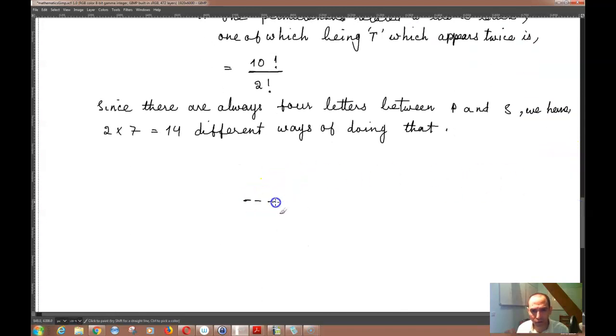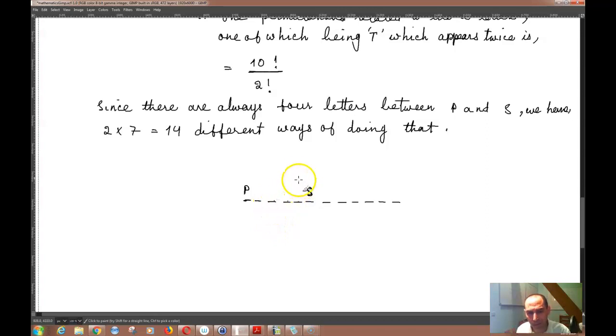So you have 1, 2, 3, 1, 2, 3, 1, 2, 3, 1, 2, 3. 4 times 3 is equal to 12. 12 placeholders here. So I'm creating these 12-letter words, and the condition is that there are always 4 letters between P and S. Now suppose that you fix your P over here, there are 1, 2, 3, and 4 letters between them, and so your S comes over here, right?